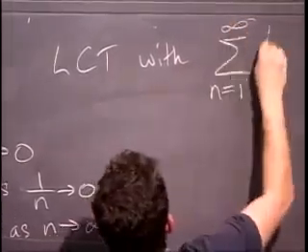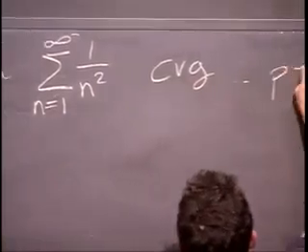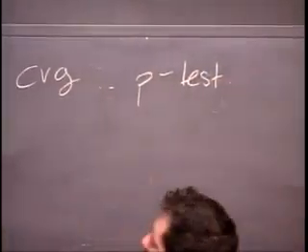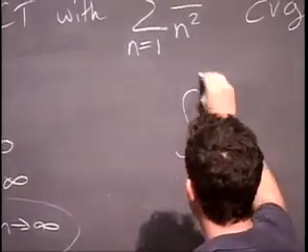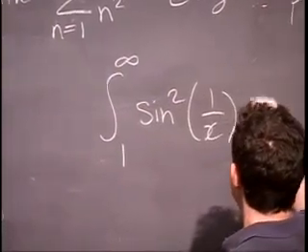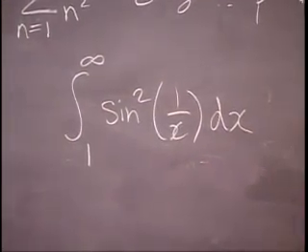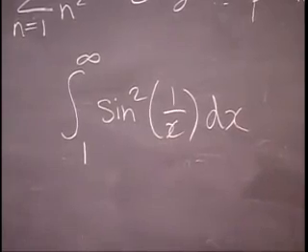Again, it's 1 over n squared, which converges. P-test. I've left out a lot of details, and you have to fill them in and make a proper solution out of it. But notice, again, that the solution of this problem, sine squared 1 over x dx, is the same. You use limit comparison test with 1 over x squared. Okay, so we're on familiar territory.